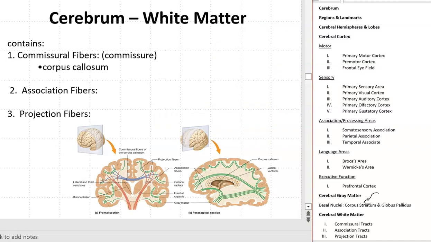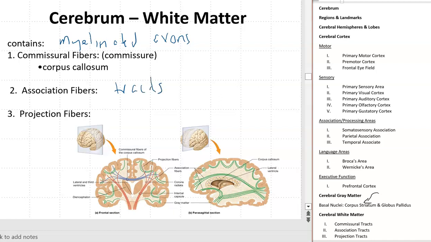Now, the white matter is our last topic for today for the cerebrum. After this, we're going to move on to something called the limbic system that you'll see in your notes. But remember, white matter is going to be myelinated axons, and that's why this is all white matter. And what this mainly is are fibers, or we would just say tracts.